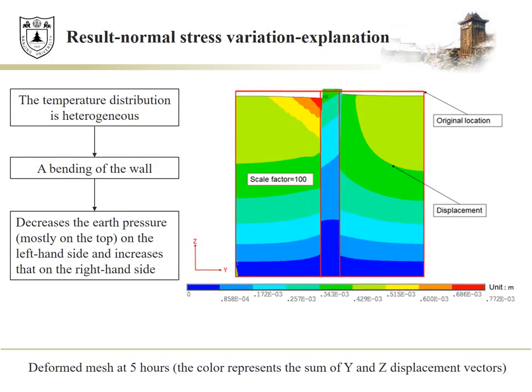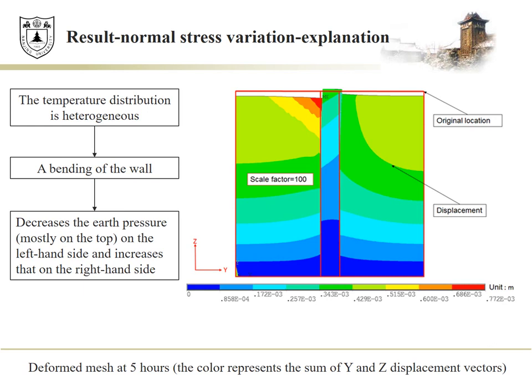In order to better understand the results on the change of earth pressure, the deformed mesh of the experiment is shown in this figure. Heating induces first small dilation of the wall that tends to increase the earth pressure at the soil wall interface.